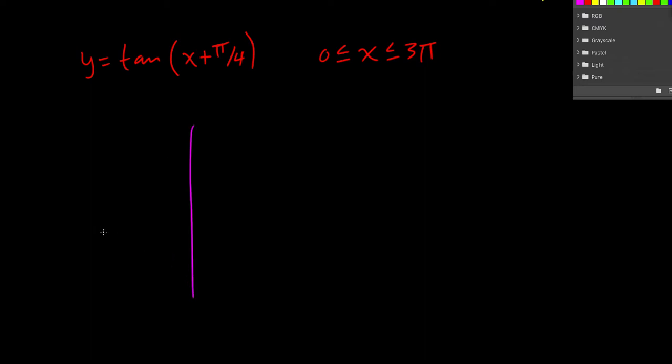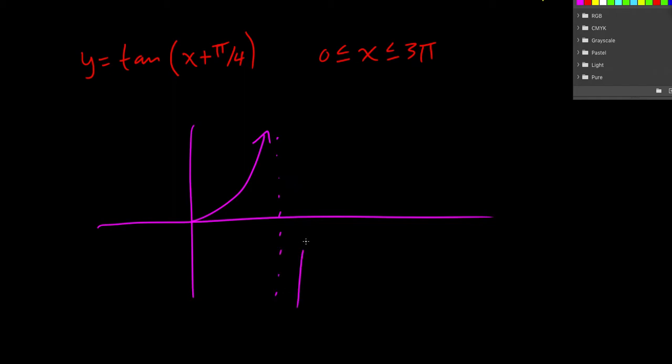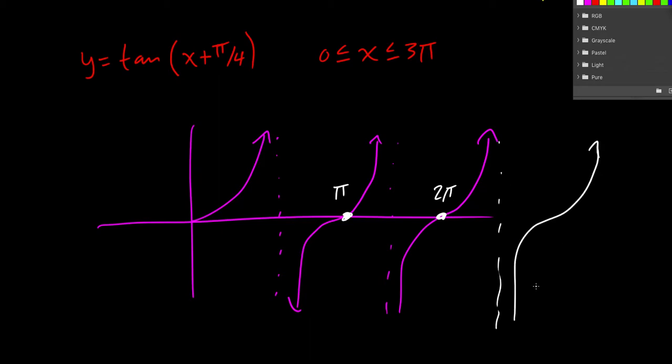So when we do that, let's graph our standard function first and see how far that takes us. We get 0 to pi right here, and from there to there would be 2 pi, and then if we go one more, 3 pi would be right there.